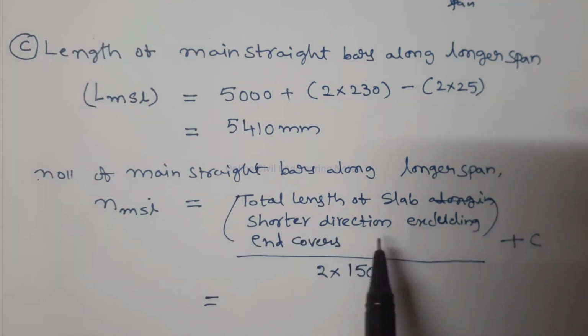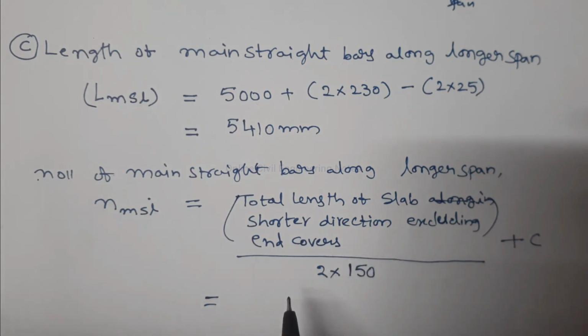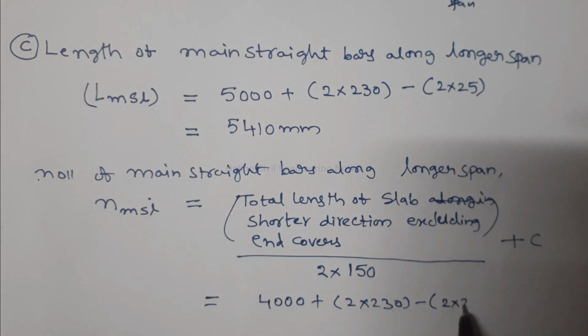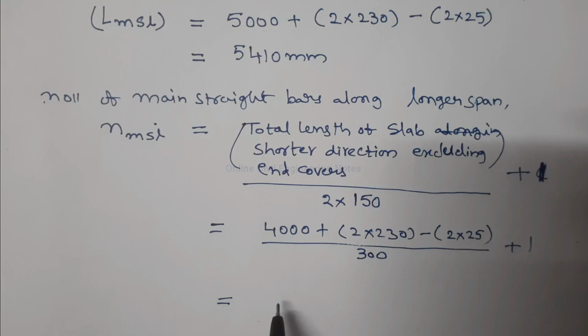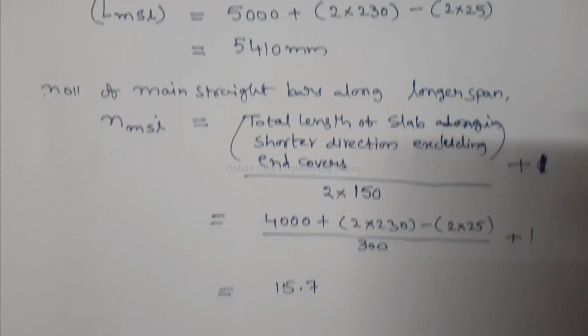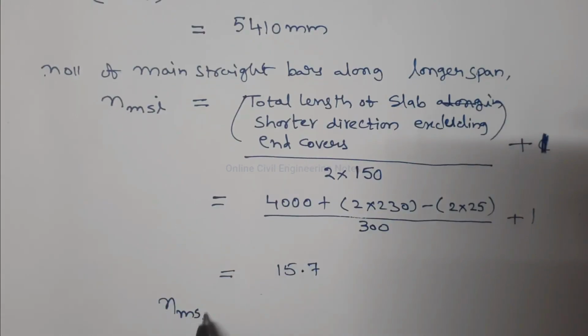Total length of slab along shorter direction excluding covers is already calculated, which is equal to 4410 mm. So it comes from clear span plus 2 into 230 minus 2 into 25, divided by 150, plus 1. This is 15.7. Total number of main straight bars along longer span is 16.